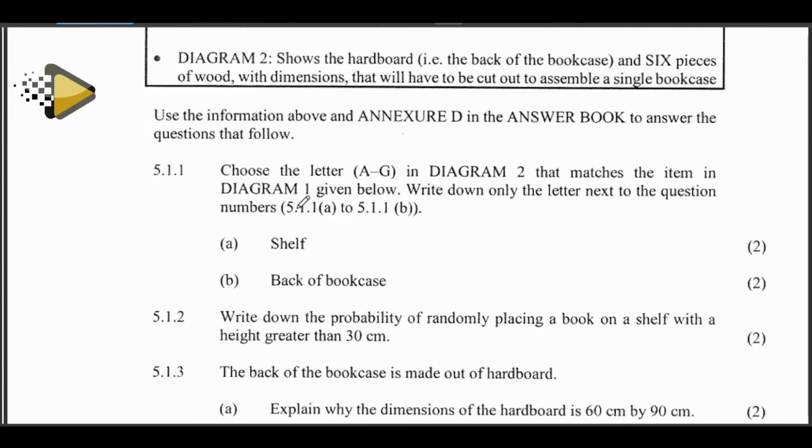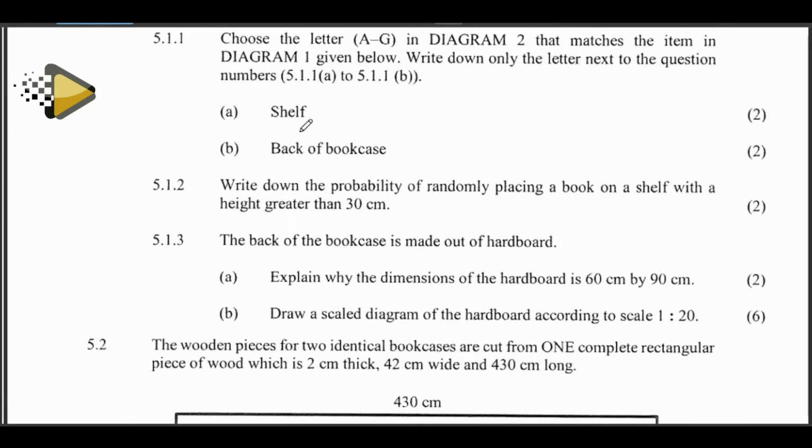Use the following information above and annexure D in the answer book to answer the questions that follow. Choose the letters A to G in diagram 2 that match the item in diagram 1 given below. Write down only the letter next to the question number.